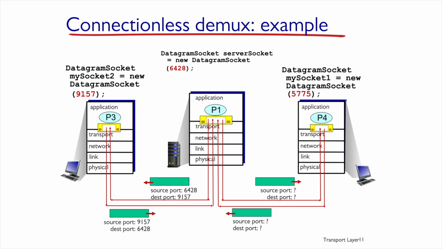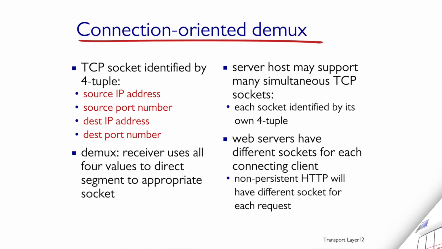In the case of connection-oriented TCP protocol, these things differ, and now we will see why. Let's see how message demultiplexing is implemented in TCP. Now, in the case of TCP, the socket will be defined by the quartet: source IP, source port, destination IP, destination port. You see that, unlike the datagram socket, we have two values added: source IP and source port.